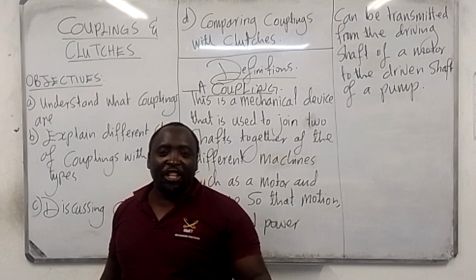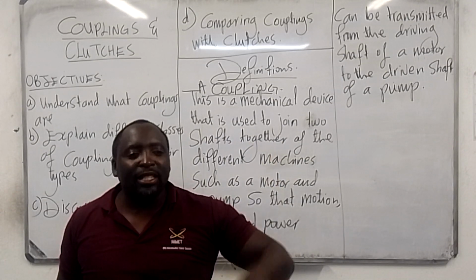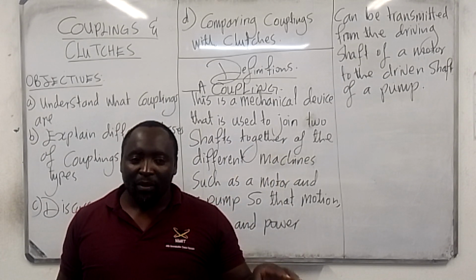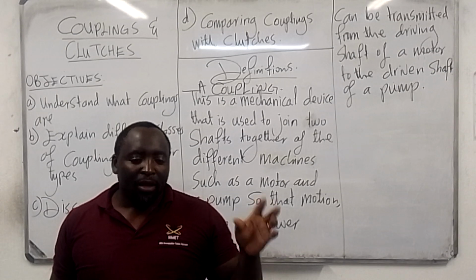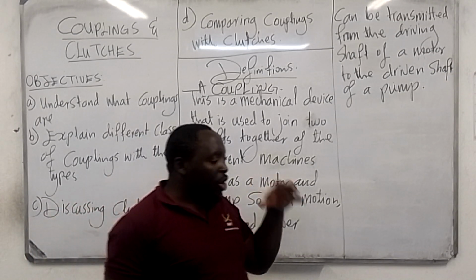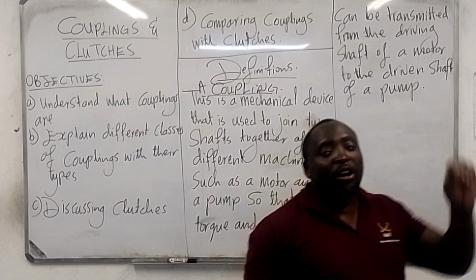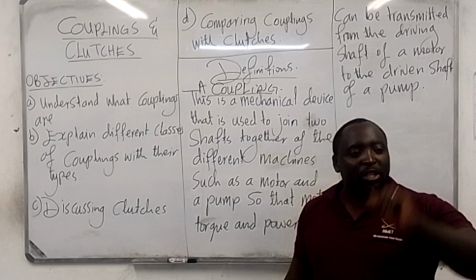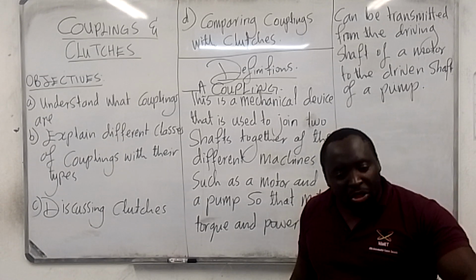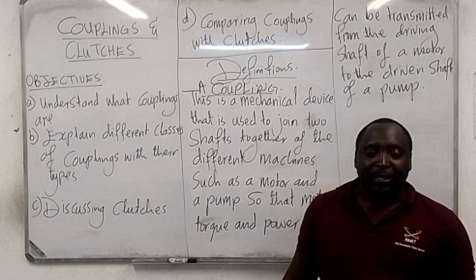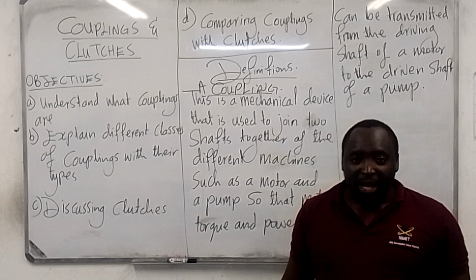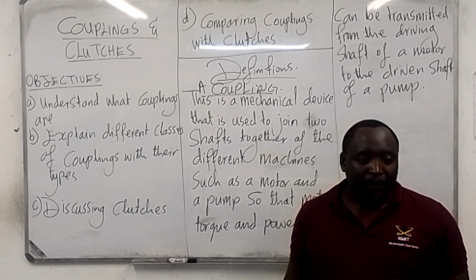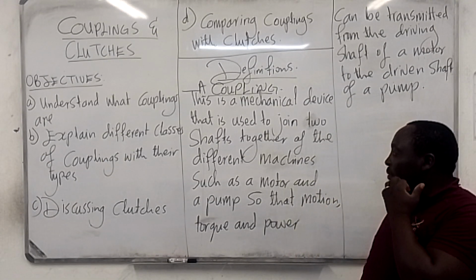So this is the definition of what a coupling is. Okay? So when you are defining, we know a coupling is a mechanical device. Its purpose is to join two shafts so that motion can be transmitted. Are we together?